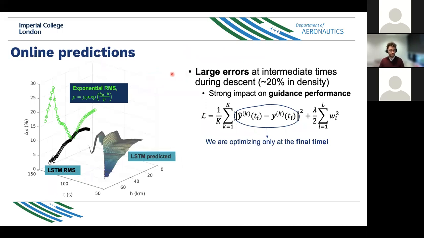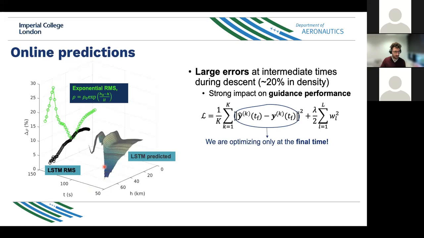We have started working on this, and if you look at this plot, we have, for a single entry trajectory, the time, and along time the spacecraft is decreasing its altitude. So for increasing times, we are interested in the future density.